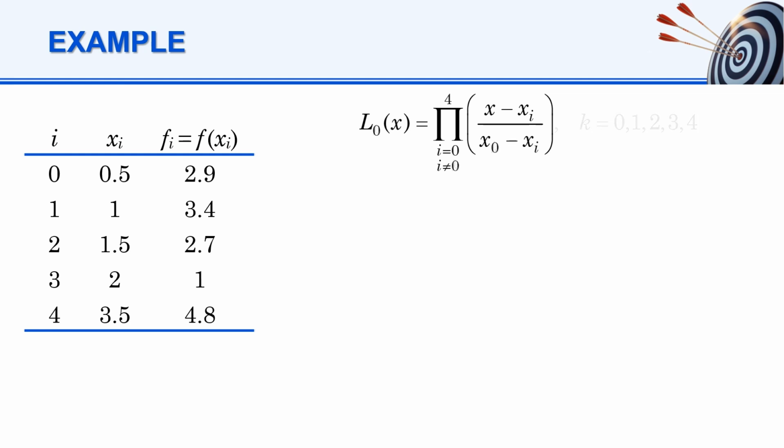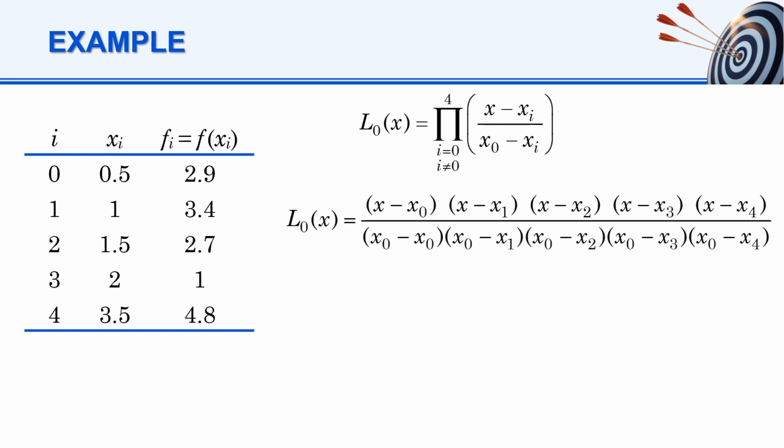Note that the Lagrange basis polynomial is a product over all the other points except for the one corresponding to k equals 0. Specifically, for L_0 we will omit (x minus x_0) over (x_0 minus x_0).